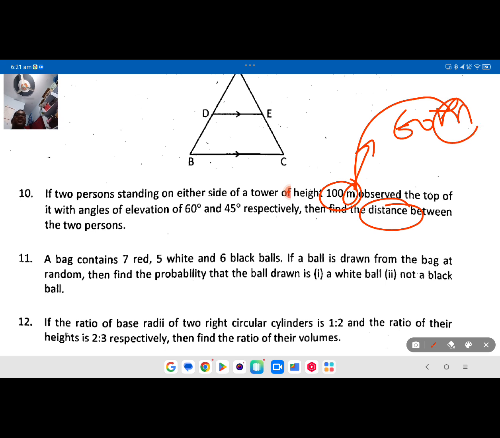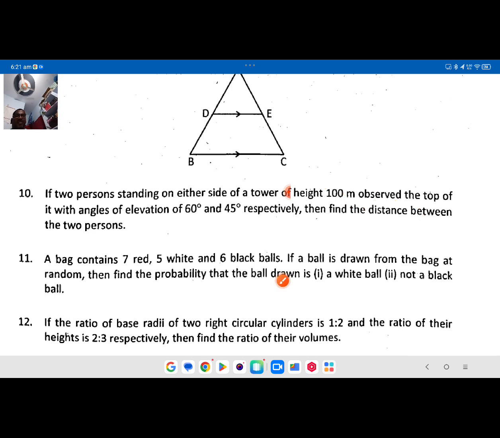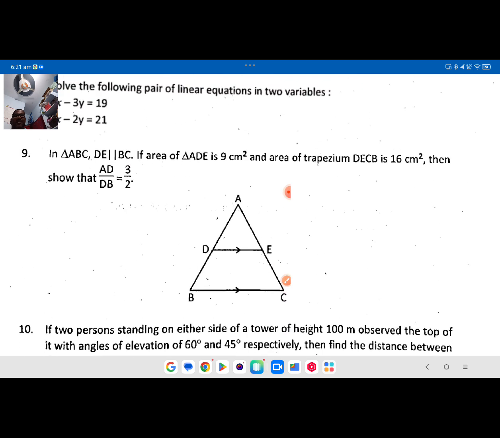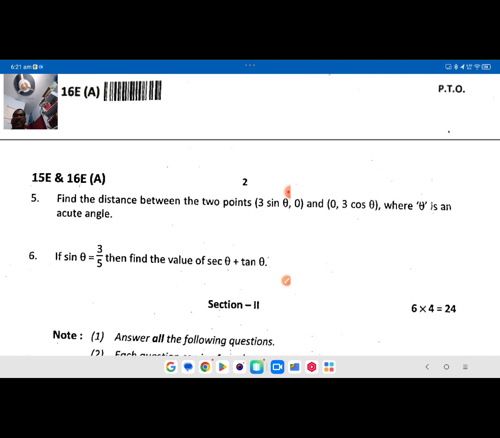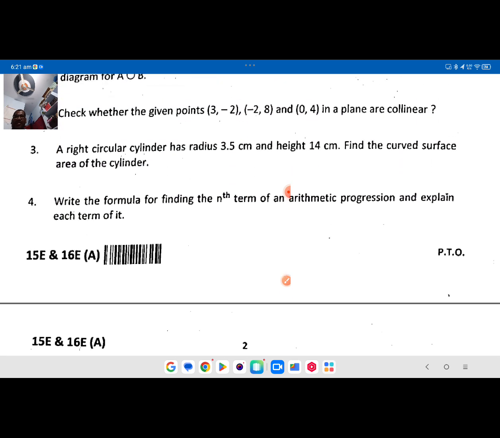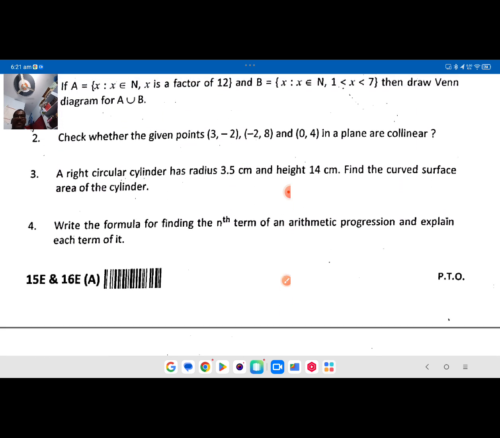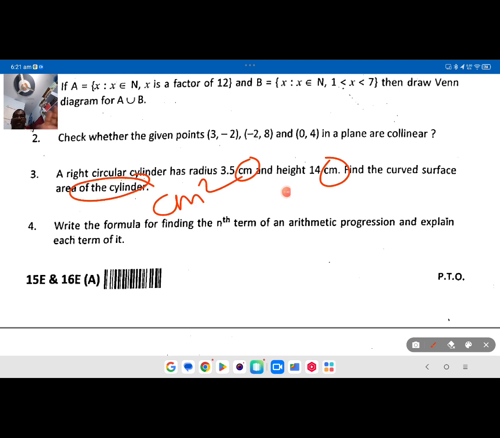If you don't write units in the solution, you will lose marks. You'll get units in applications of trigonometry as well as mensuration. Mensuration questions also. See, it is given in centimeters. So your answer for the area of the cylinder should also be in centimeters, right?